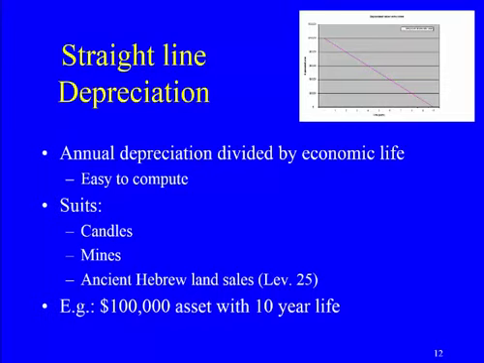The disadvantage with straight line depreciation is that it assumes that the value does fall in a uniform way. However, we've seen in the previous slides that for many assets there is a marked fall-off in value in the first few years. And this is the time when making a depreciation deduction would be most beneficial, when the dollars are most worthwhile.